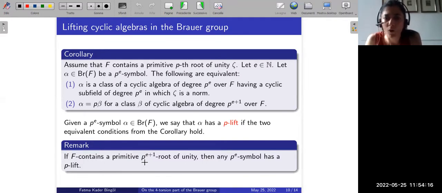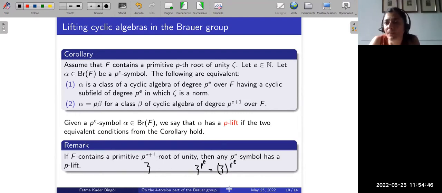let zeta be a primitive p to the power e plus 1 root of unity, then zeta to the power p to the power e is a primitive p-th root of unity, right? This is trivial, but what it means is that if I am given a cyclic field extension of degree p to the power e, I can realize this primitive p-th root of unity as a norm.